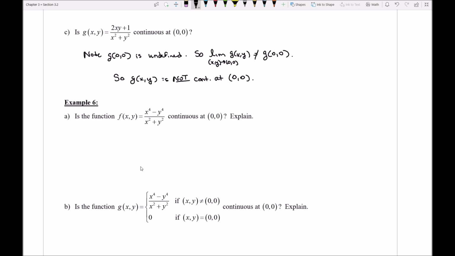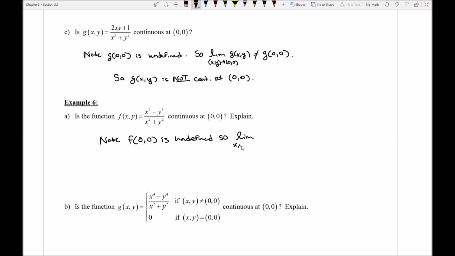So let's see here. Example 6, part A. Is this function continuous at (0,0)? Well, notice here that what I would have to do is first test again what the z value is and compare that to the limit. So I could say, note, f(0,0) is undefined.